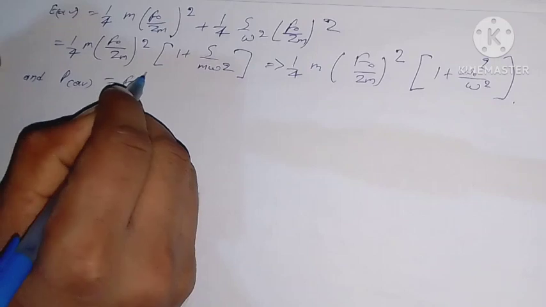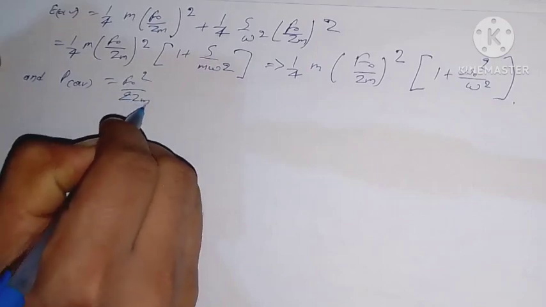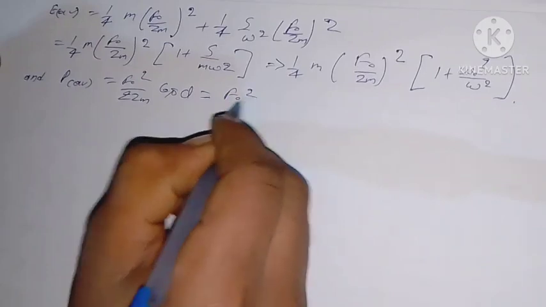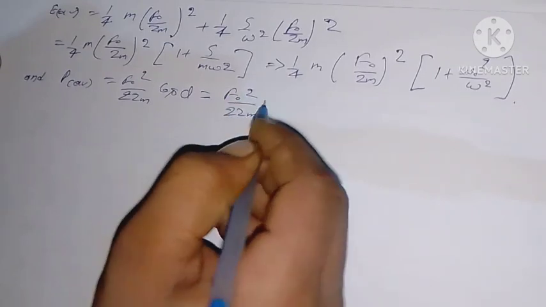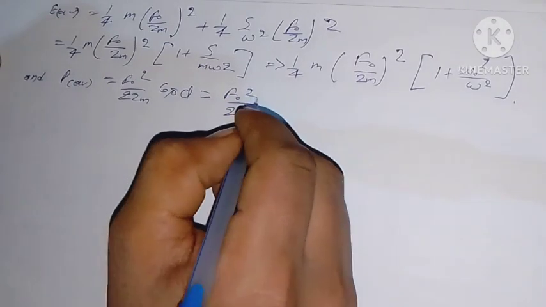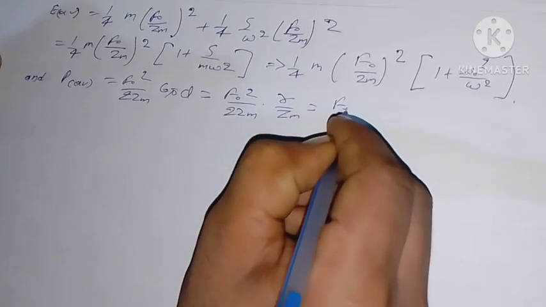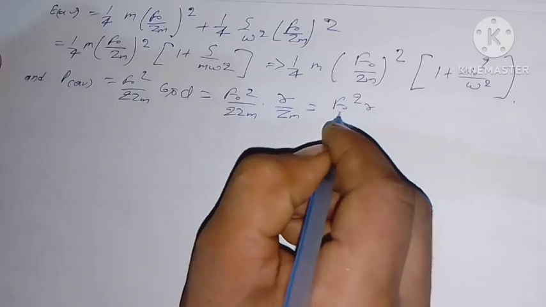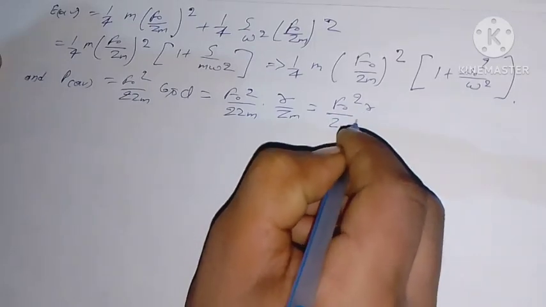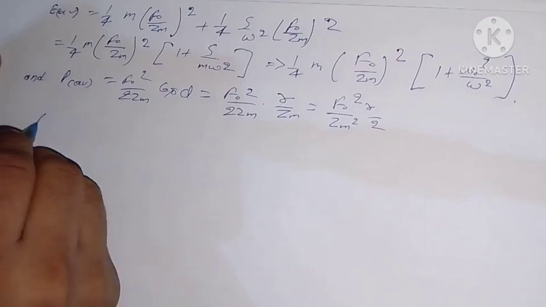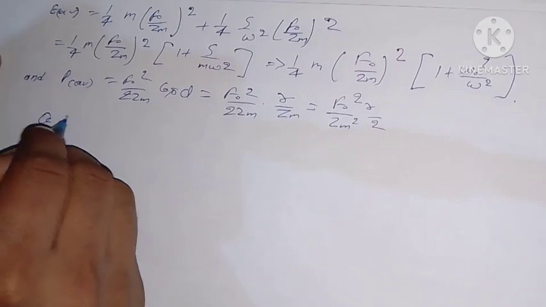And the average power P average equals F naught square upon 2 Zm cos phi, equal to F naught square upon 2 Zm into R by Zm, equal to F naught square R by 2 Zm square.